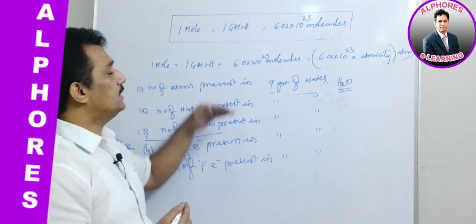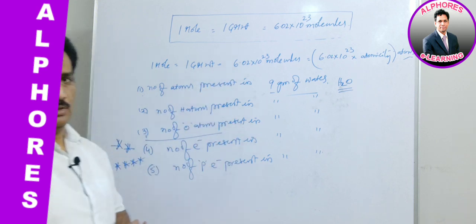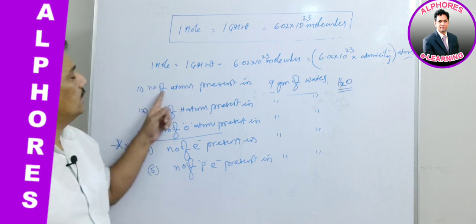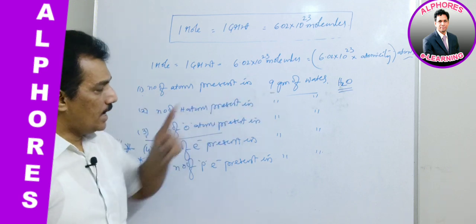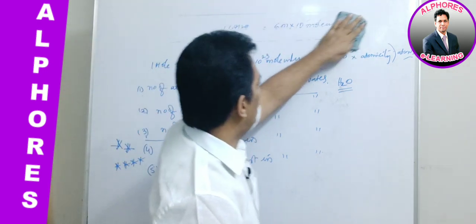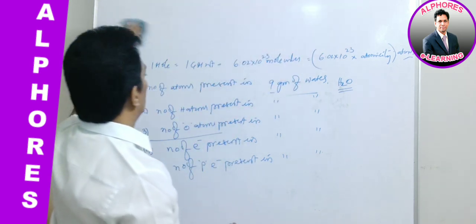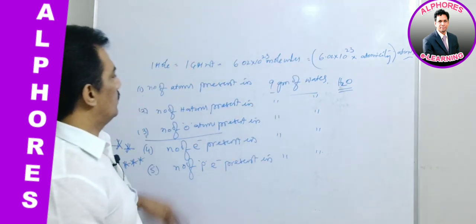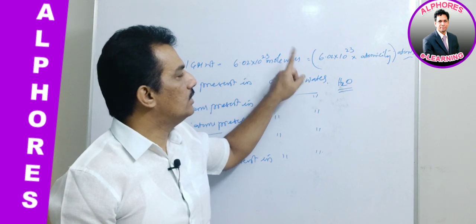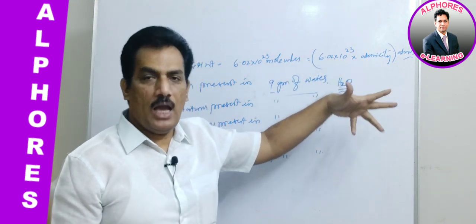So first let us try to solve these three questions, because they are easy to calculate. How to get the number of atoms present in 9 grams of water? The formula is already written here. 1 mole of any substance is equal to Avogadro number of molecules, and it is equal to Avogadro number into atomicity of the atoms.